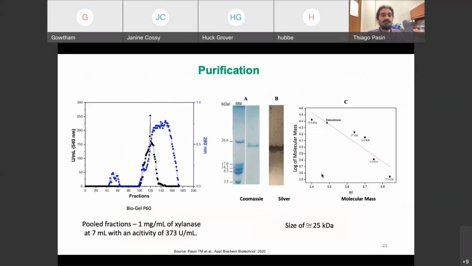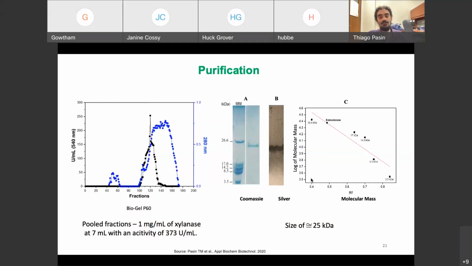So then after standardization of the culture production of the endoxylanase, we started purification of this enzyme, because the fungi enzymes are in general produced as extracellular extracts. So they are extracted from the media, because the fungi has this capacity to send the enzyme out of the cell.